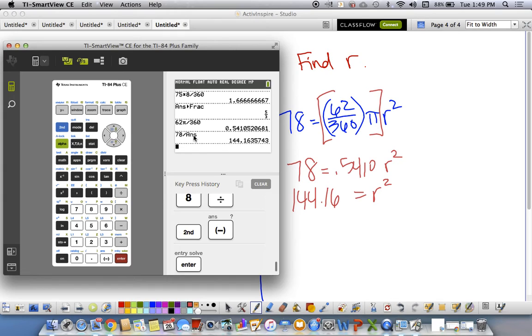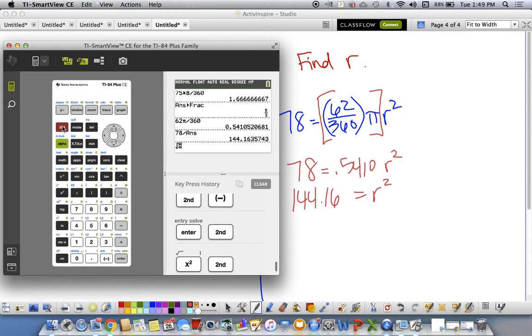What do I want the square root of? All of that. So I'm going to hit second, square root, second, answer. It's going to pull that whole thing down. And I'm going to hit enter. My second one doesn't work. That second is the up arrow, answer. Oh, I thought you had to hold it.